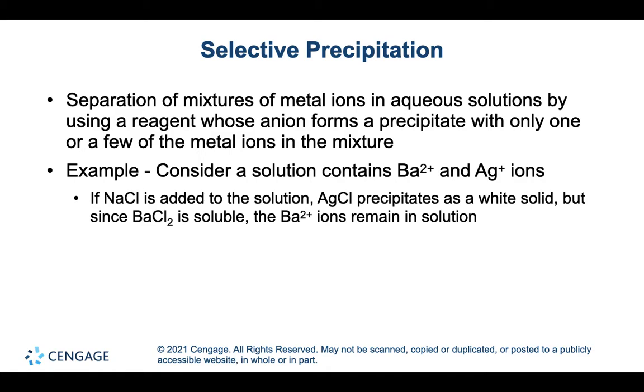So you could add an excess of sodium chloride solution to this mixture of barium plus 2 and silver plus 1, and you'd expect that virtually all of your silver plus 1 ions would form solid and sink to the bottom of the test tube or the container, and that the barium plus 2 ions would remain in solution because they are soluble.